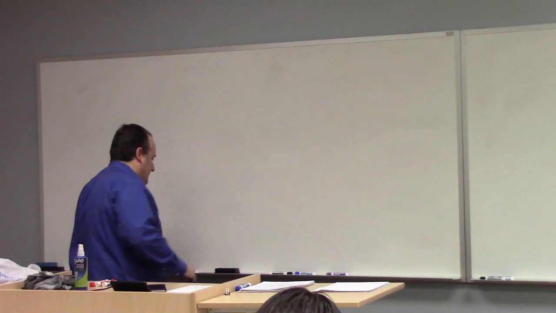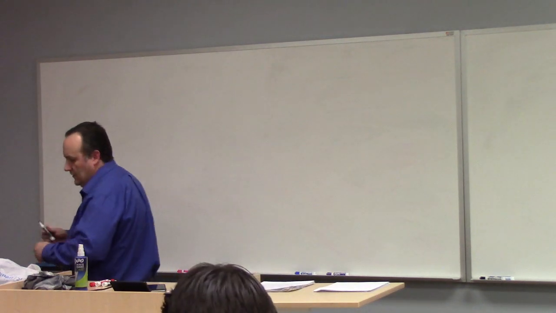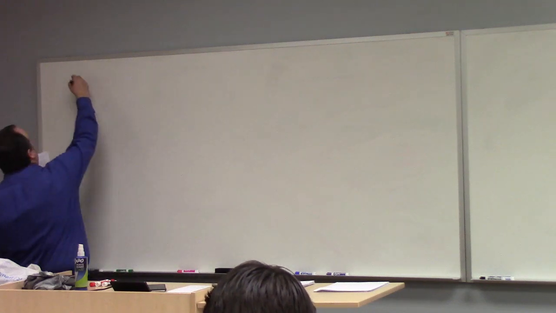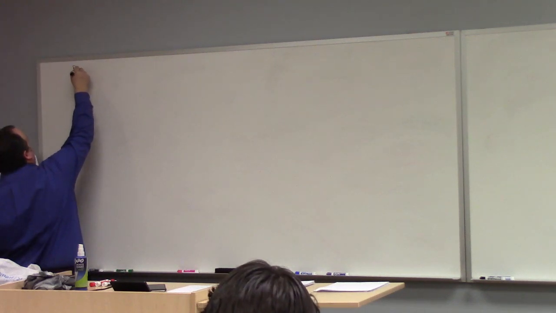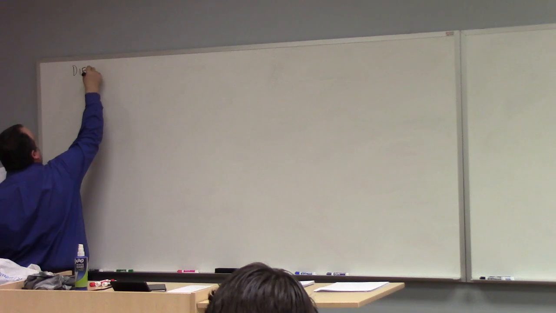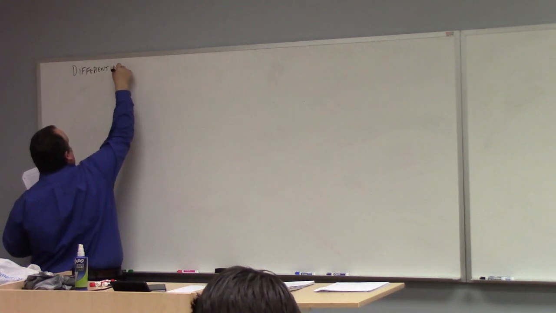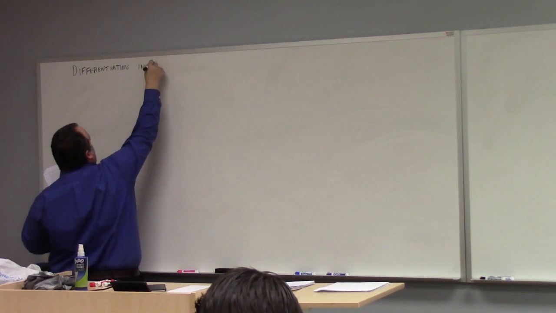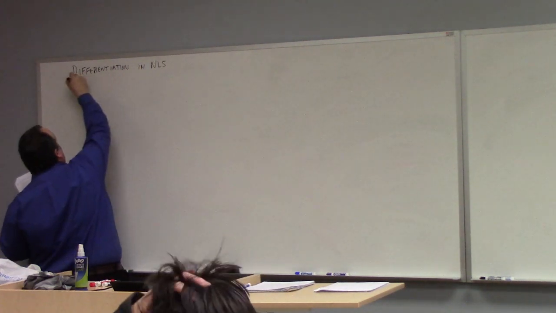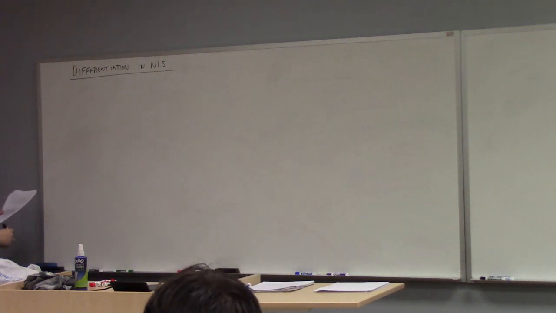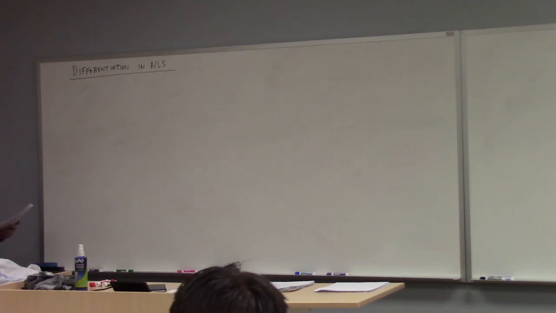Amen. All right, so let me get straight to the definition. We're talking about differentiation in normed linear spaces. Let it be understood that V and W are normed linear spaces throughout this lecture. I don't want to write that again.